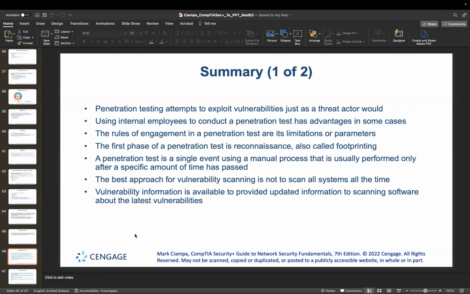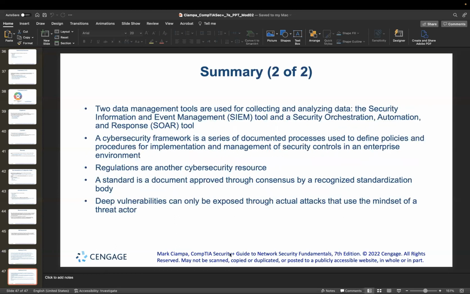We defined pen tests and talked about their processes being manual, creative, artistic. We talked about vulnerability scanning and what it provides to us as system owners.